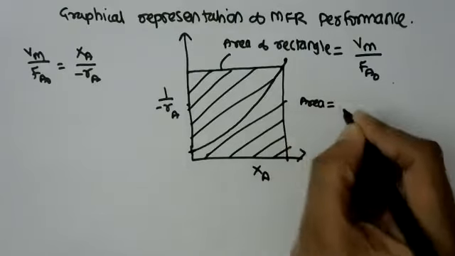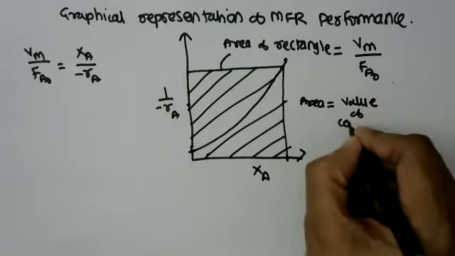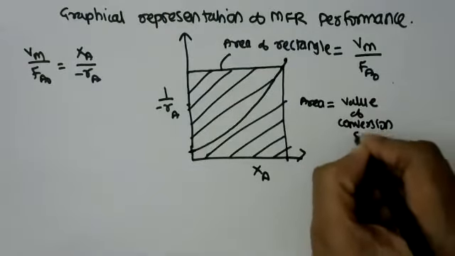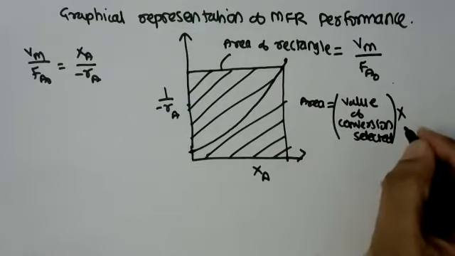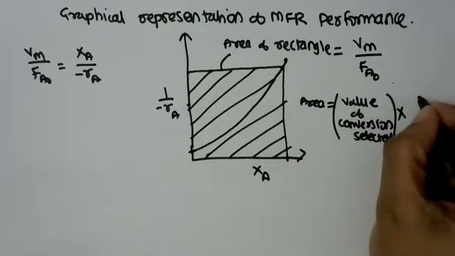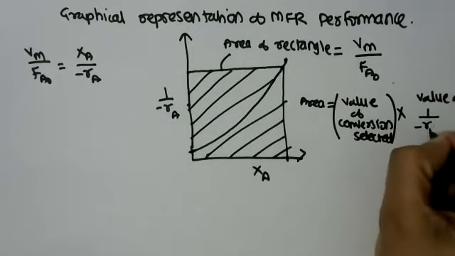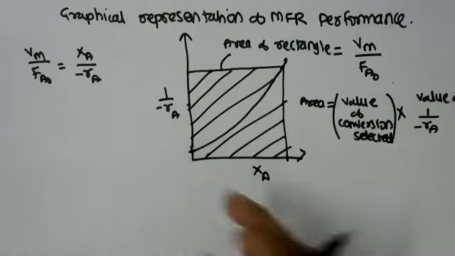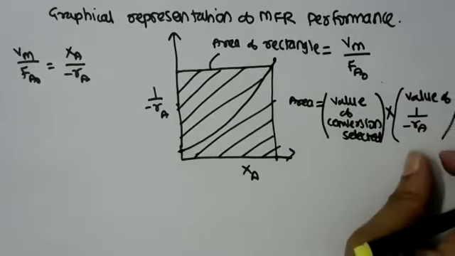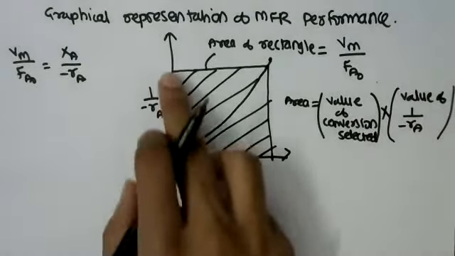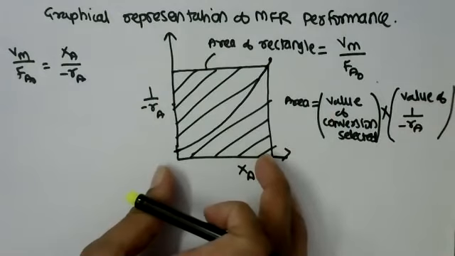Area is equal to the value of conversion selected multiplied by the value of 1 upon minus Ra. That means this. Value of 1 upon minus Ra means this. Value of the conversion selected means this.